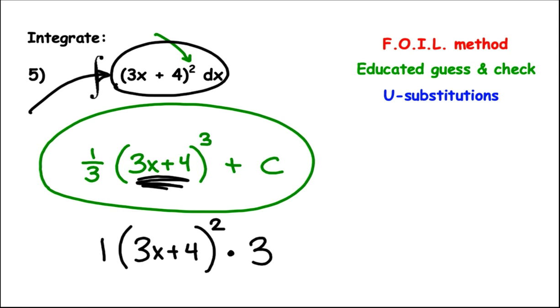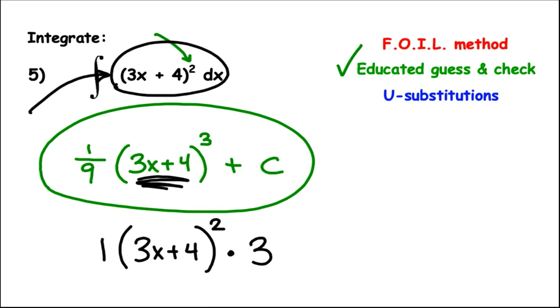It wasn't right. But we can make it right by doing educated guess and check. Since it wasn't what I needed it to be, I'm just going to change that 1/3 in front of my answer to a 1/9. How did you know to do that? I'm guessing and checking, but with a game plan. That's why it's called educated guess and check method.